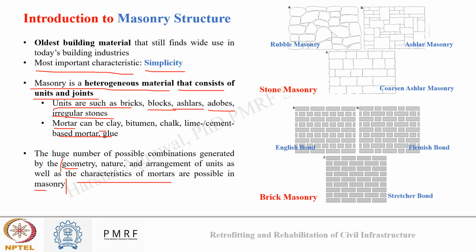As we can see through the images also, in the case of stone masonry there can be different types like rubble masonry, ashlar masonry, and coarse ashlar masonry, based on the shape and arrangement of stone. While in brick masonry, the arrangement of bricks can generate different geometries, like English bond, Flemish bond, and stretcher bond.